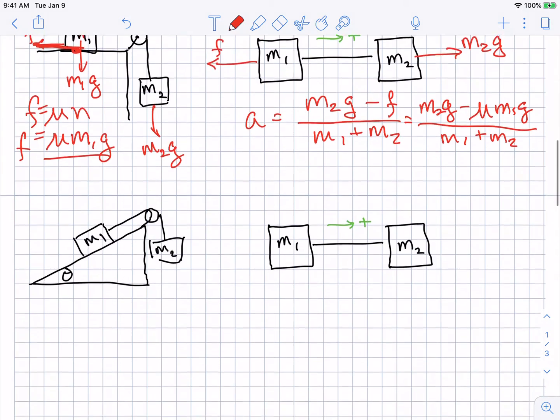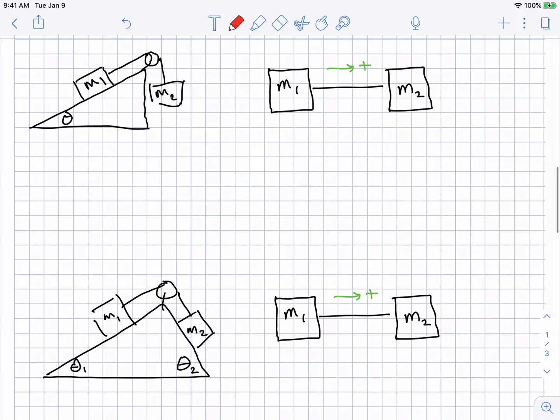Let's do a couple more. I have a ramp. The object's going to be pulled straight down by M2G. But M1 is also getting pulled down the ramp. Yes, there's a force M1G in this direction, but only part of that is pulling it down the ramp.